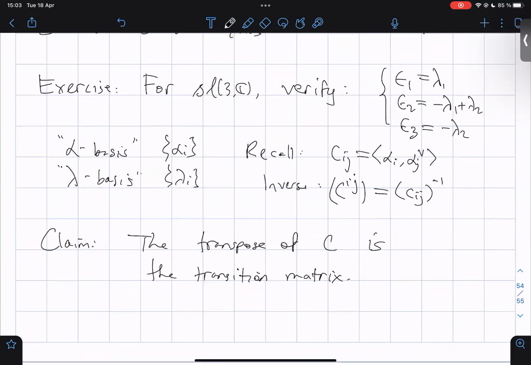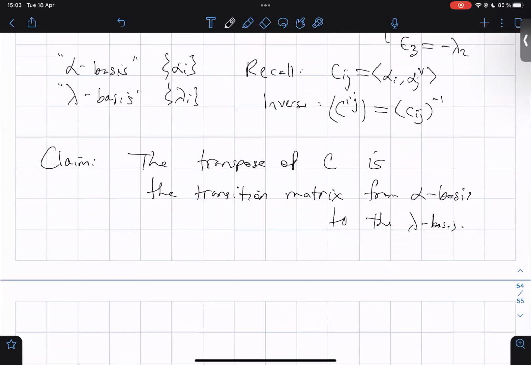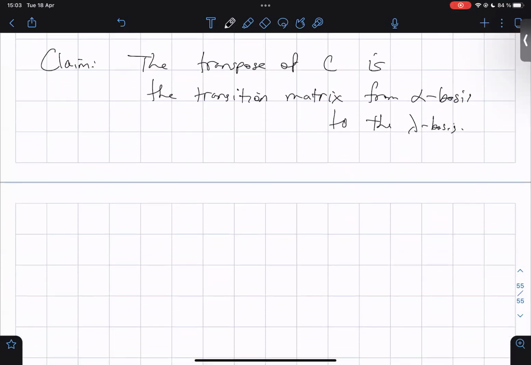It's the change of basis matrix from the alpha basis to the lambda basis. And again, this is a short argument, so let's just use some definitions here. So alpha i is C_ij lambda j.